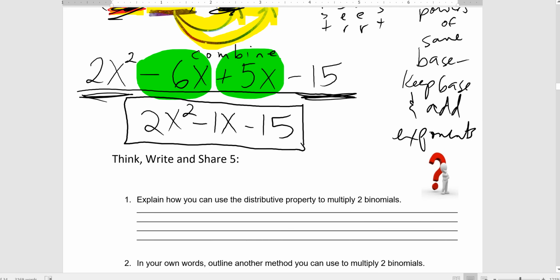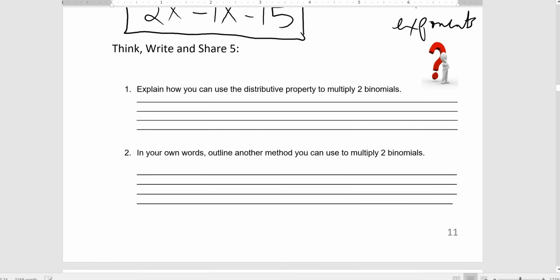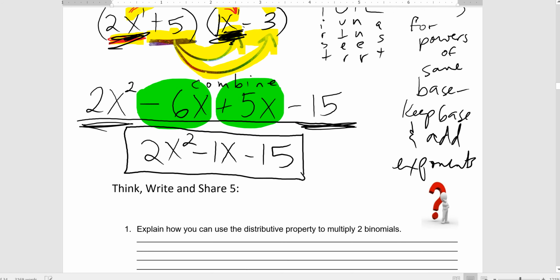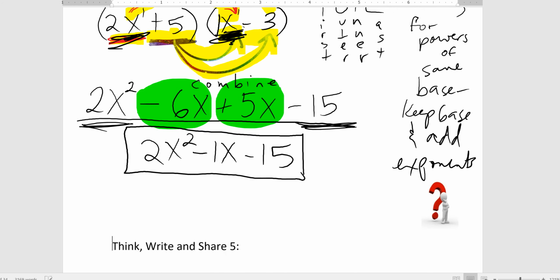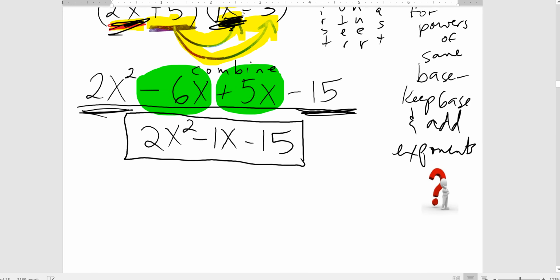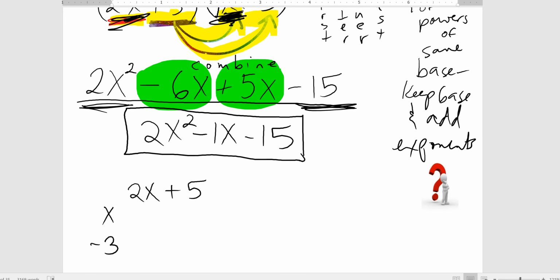Okay, now there's another method that we can use to multiply 2 binomials. You could think of the other method just as FOIL, but there's something else that might be useful if we take these 2 binomials.